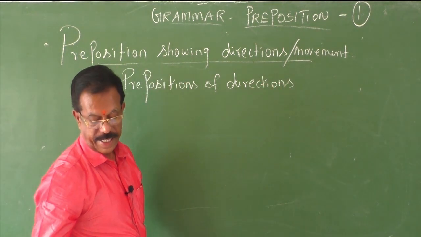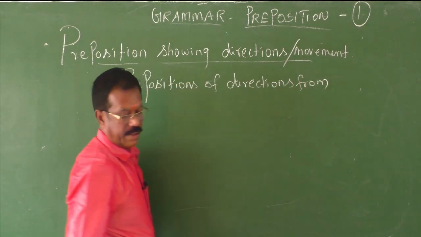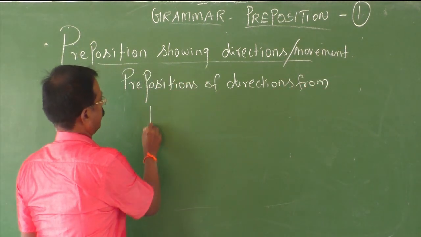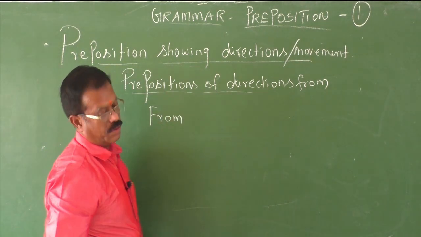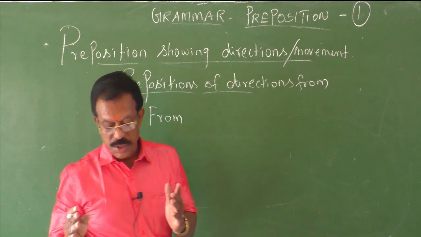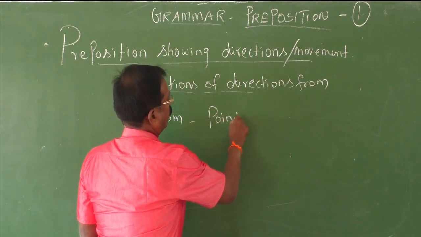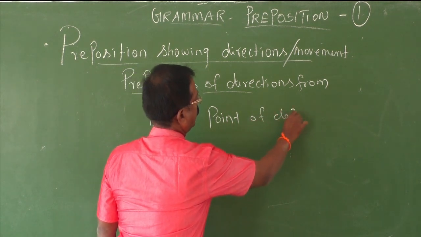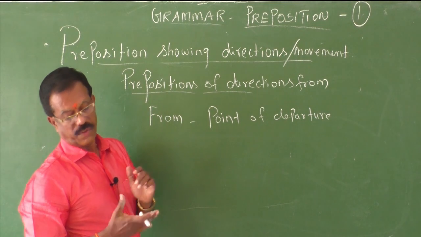Prepositions of direction: from. Okay, so from. Where is it used? From is used as a point of departure. We use this from for the point of departure.